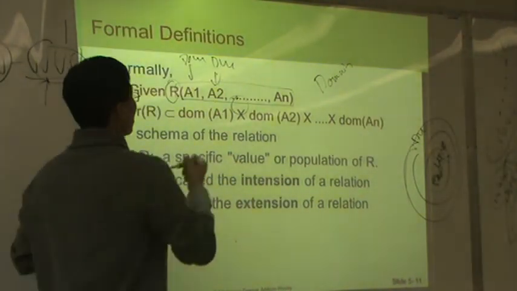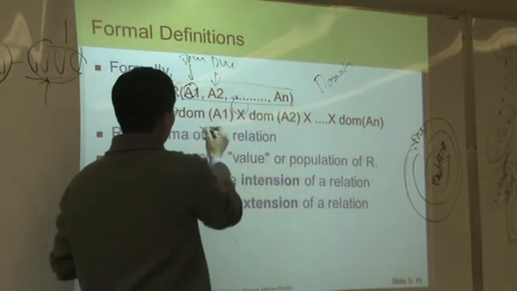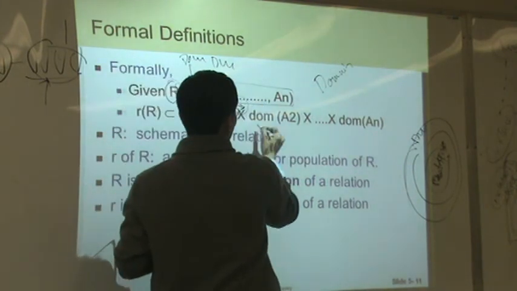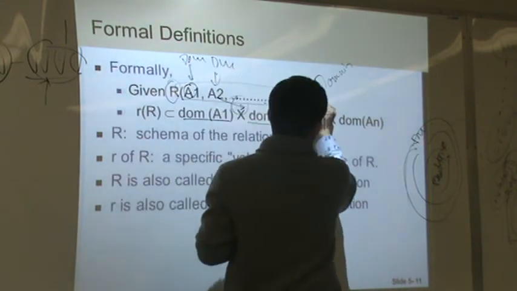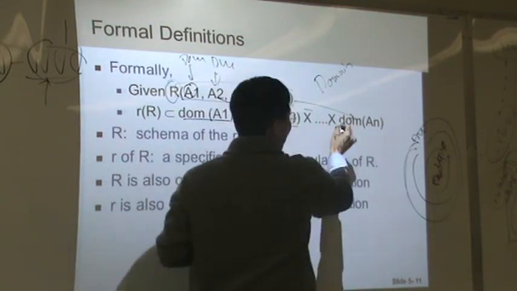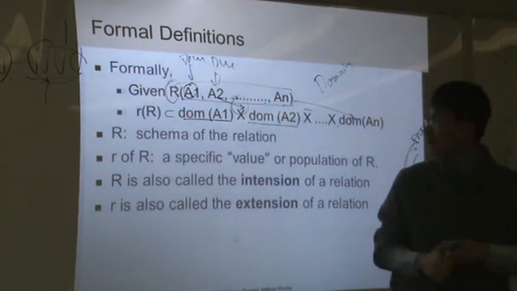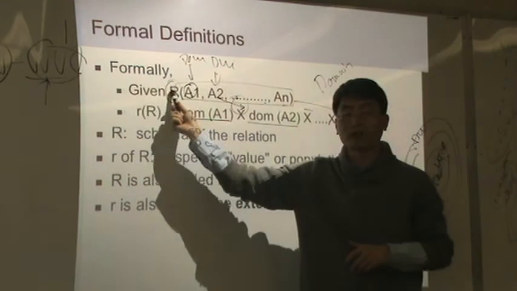We can pick up one value from A1, the domain of A1, one value from A2, the domain of A2, and so on, the domain of An, and their combination. The combination of domains of A1 to An will be the relation.